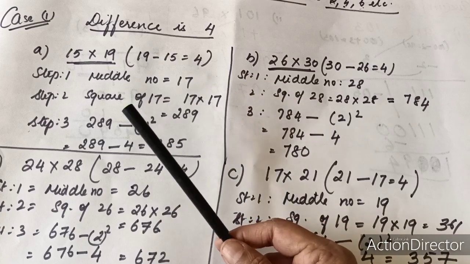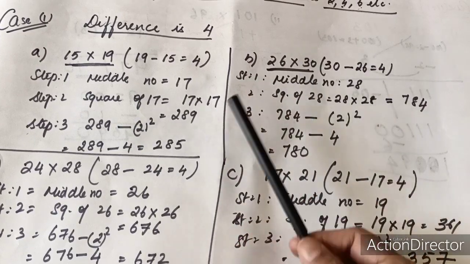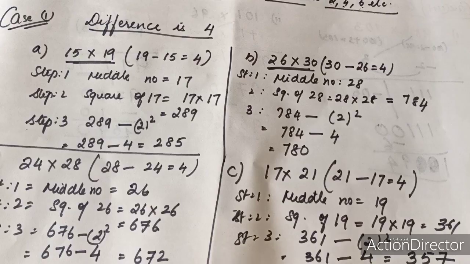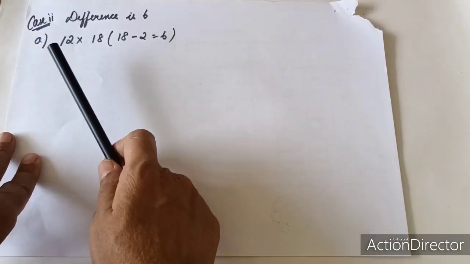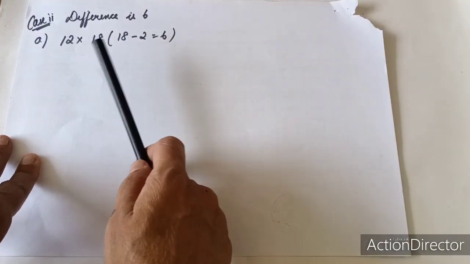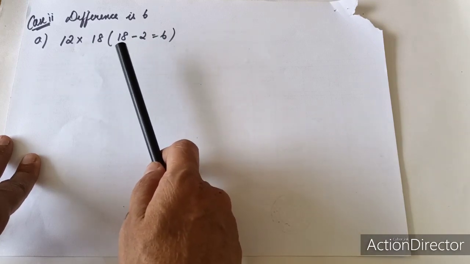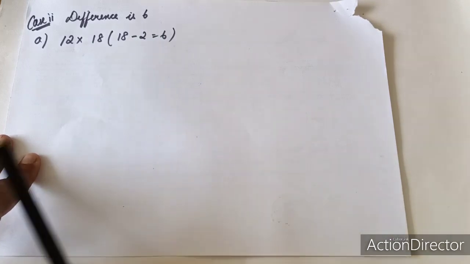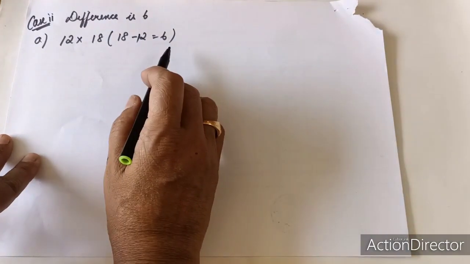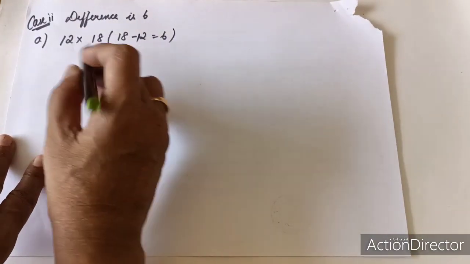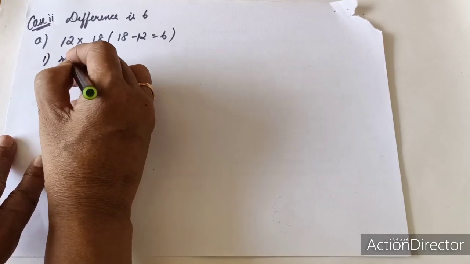So let us see some other example where the difference is 6. On to case 2, where the difference between the two numbers is 6. 12 into 18. 18 minus 12 is equal to 6. So step 1, middle number.